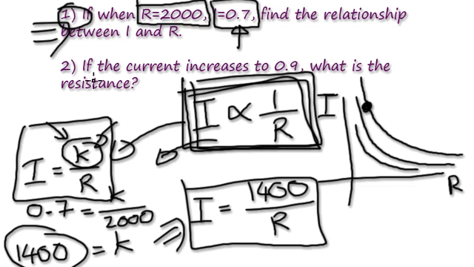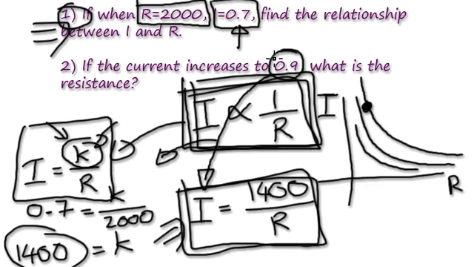Question 2 is if the current increases to 0.9. So basically put 0.9 into the I here, and then what is the resistance? Once you've got your equation, you can just put this into it.